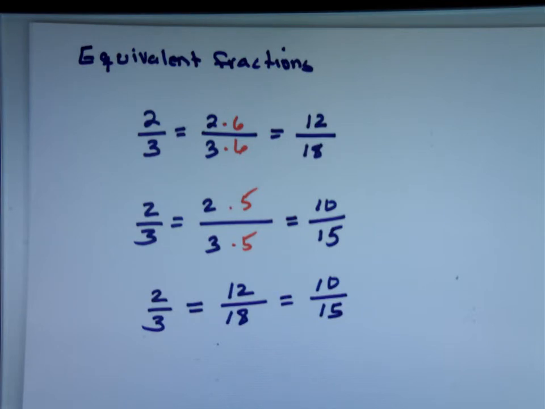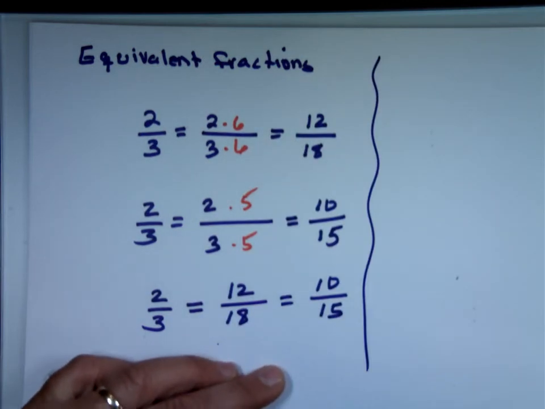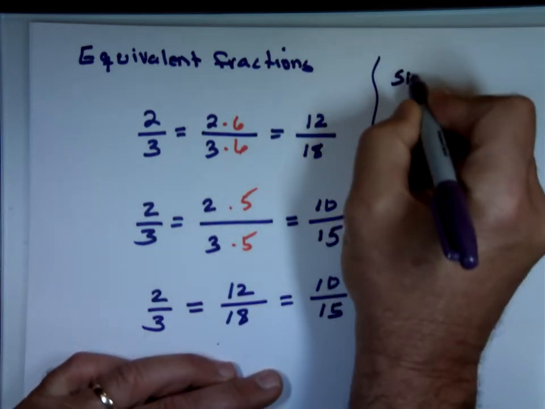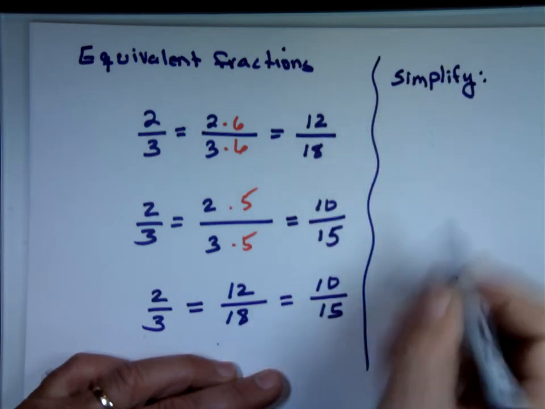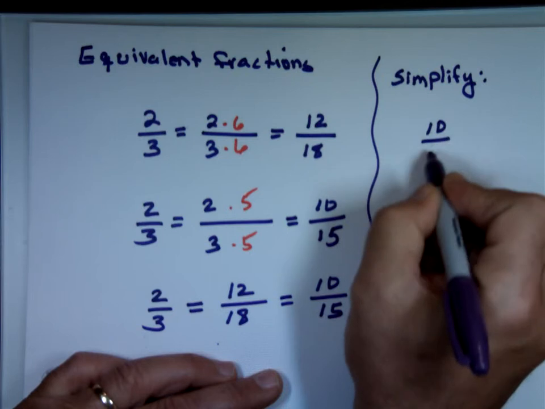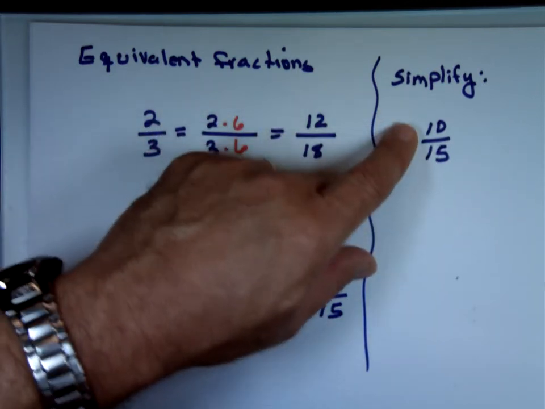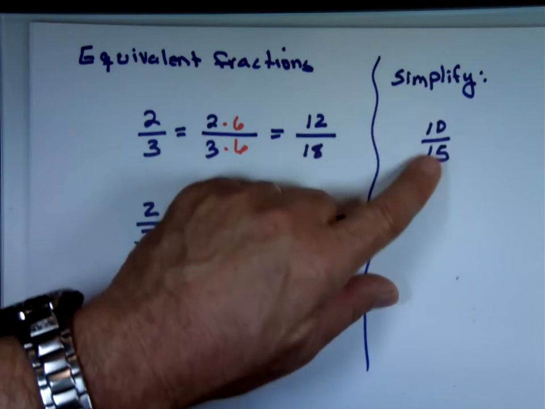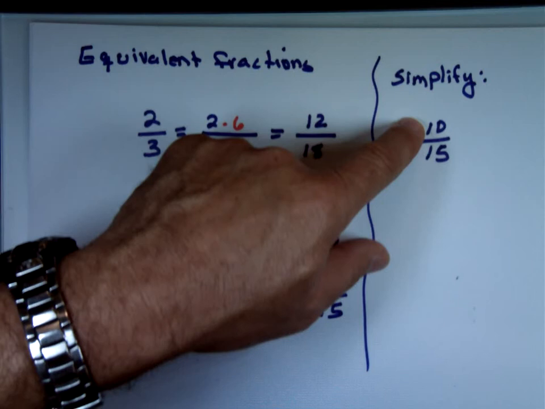To prove that, we're going to simplify them. Remember simplifying? Simplifying a fraction. Let's take the 10 over 15 and see if we can prove that's really 2 over 3. Again, we said if you multiply a fraction, the top by a number, you're going to multiply the bottom by the same number. What about if you divide the top by a number?